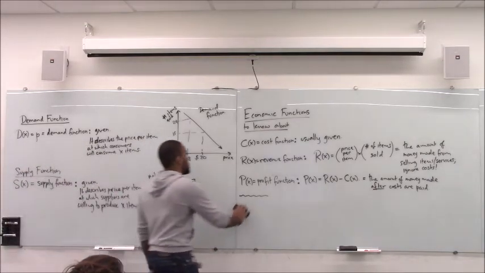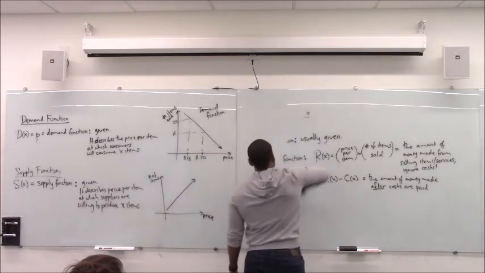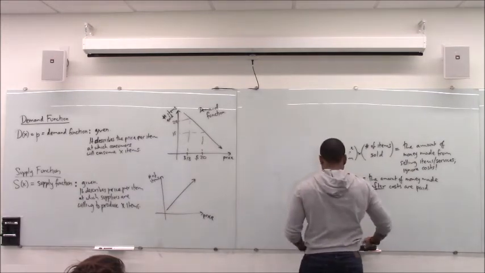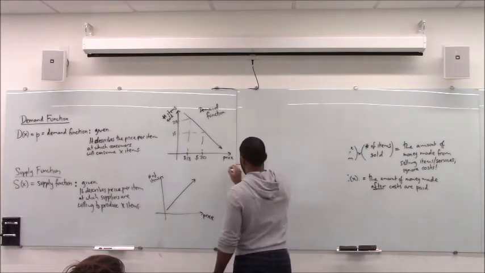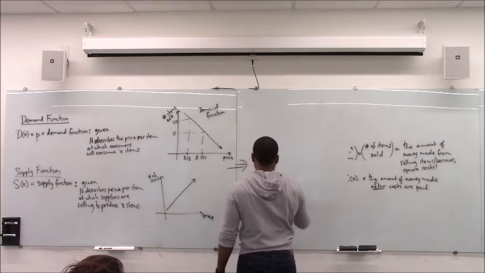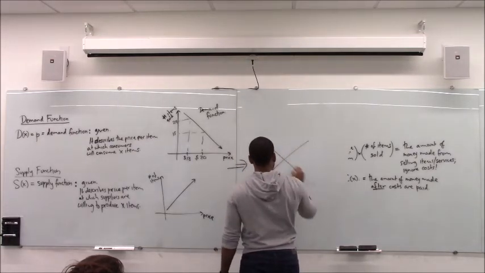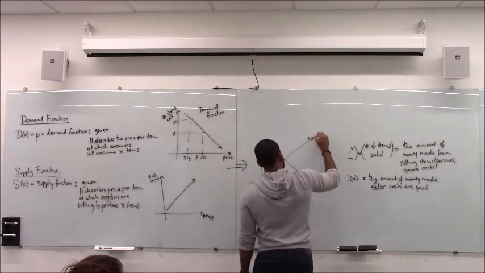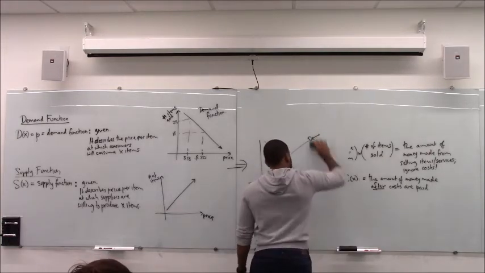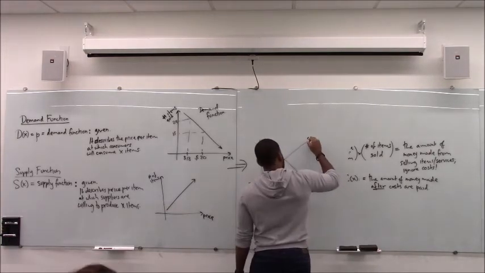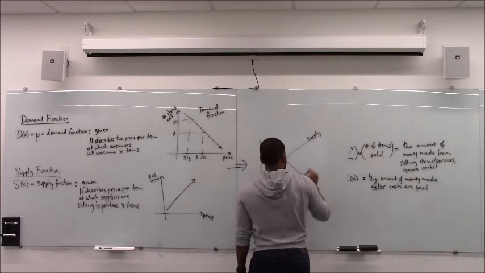Now, of course, the sweet spot is when both of these actually collide. So you can, in general, plot both of these on the same graph. You can plot demand, supply. You can plot supply versus demand.